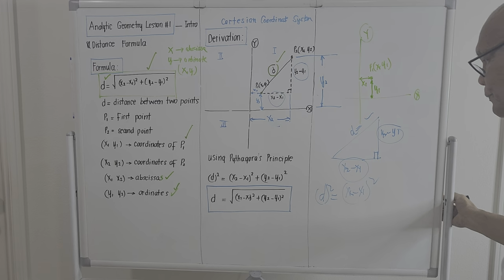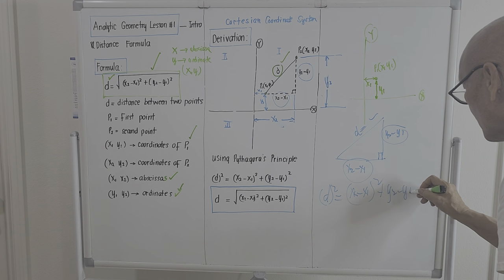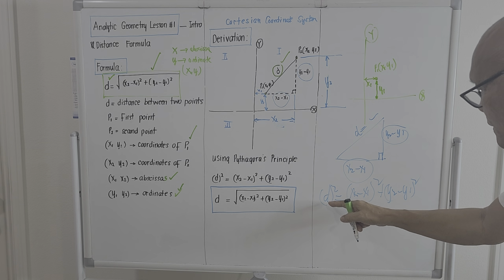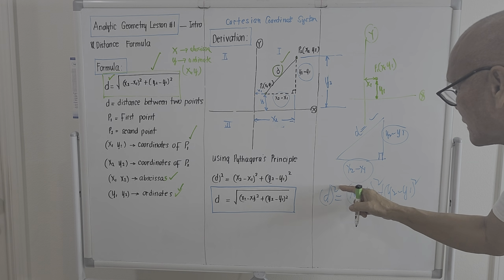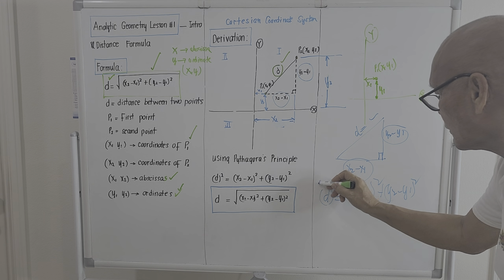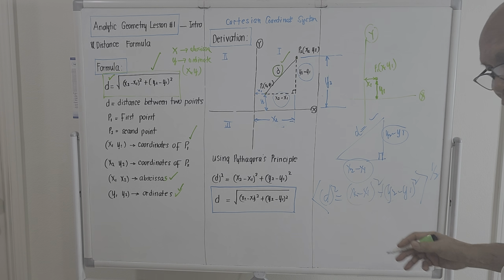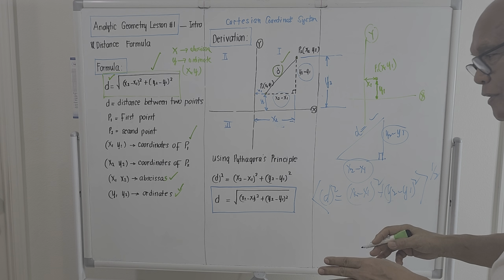Am I still on camera? Plus y sub 2 minus y sub 1 quantity square. So if we try to compute for d square or distance d, we must have to eliminate these two here. So we will raise all the terms to the 1/2. So we are using our knowledge on the so-called algebra, right?